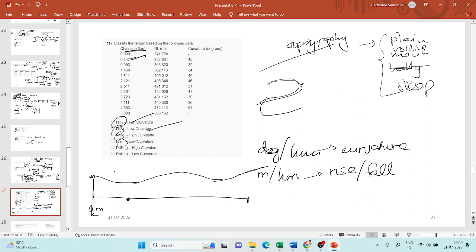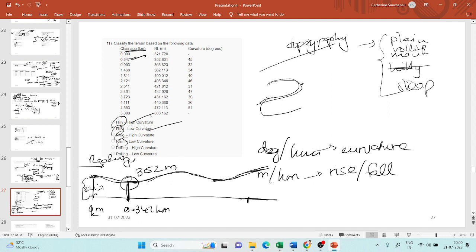This is the roadway, it has this alignment, and this is the horizontal distance. So at 0 meters I find that it has a reduced level of 321.7 meters, and at a distance of 0.347 kilometers I see that it has a height of 352 meters.